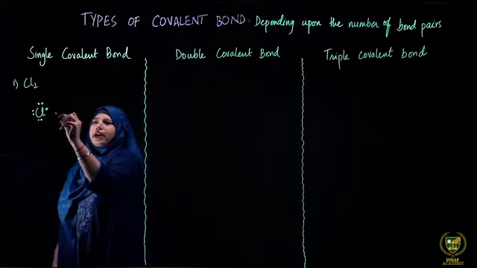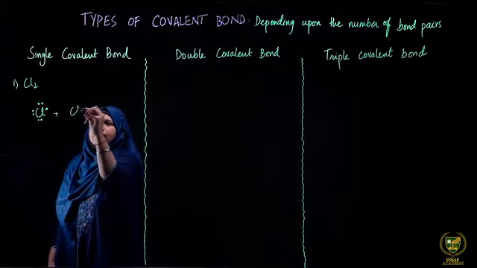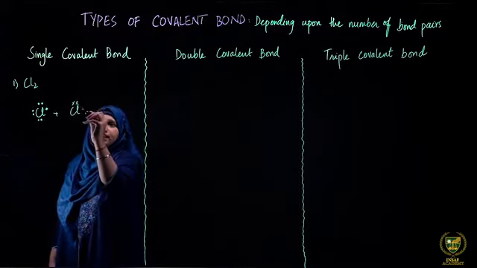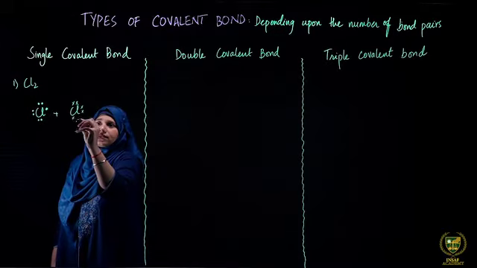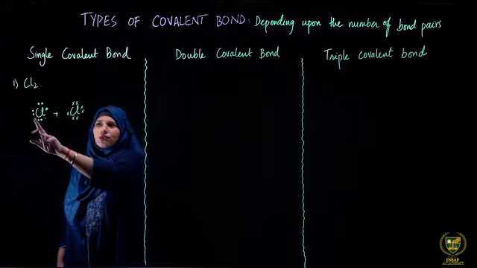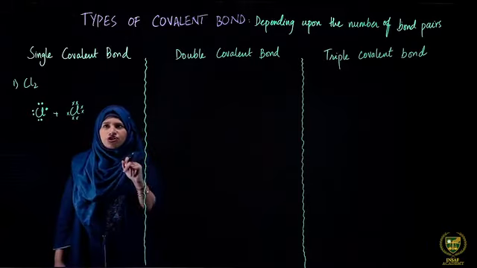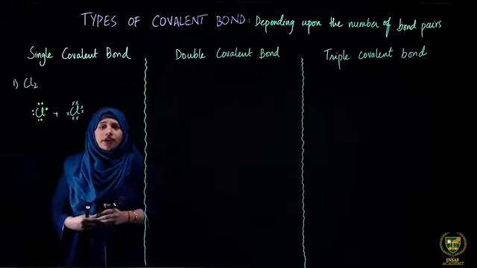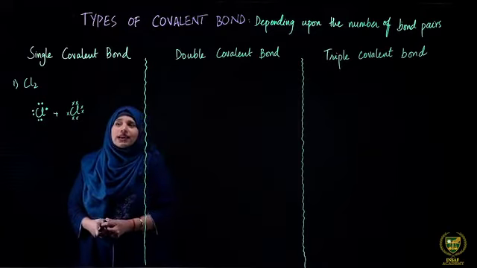And if I draw another chlorine, of course, I need to represent it with the help of crosses. And there are 7 of them. As you can see, this chlorine is having 7 electrons in the outermost shell, and this chlorine is also having 7 electrons in its outermost shell.